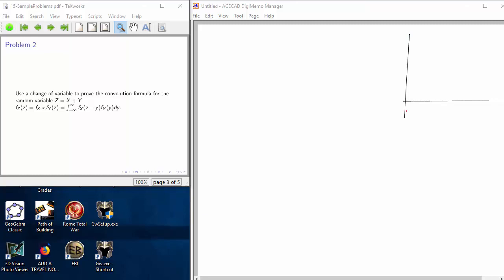And the way to do this is to, again, start by computing the probability that our new random variable is less than or equal to some value z. No assumption here that x and y are necessarily positive.